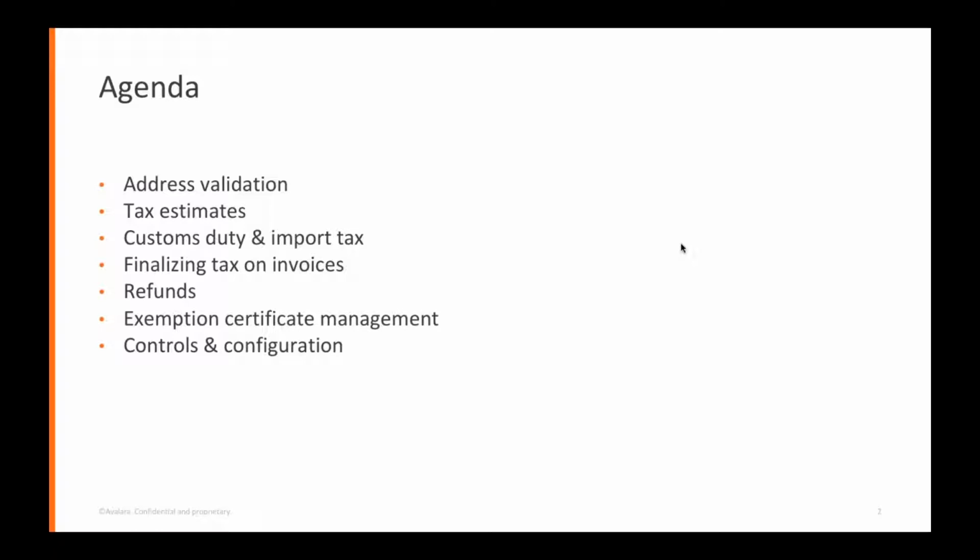We'll also make a stop and talk about a slightly new topic and cover a brief overview of our customs duty and import tax functionality that Avalara is bringing to bear. We'll then talk about finalizing tax on invoices and that process of finalizing invoices and making sure that we have transactional data for the merchant or the seller to be able to manage.